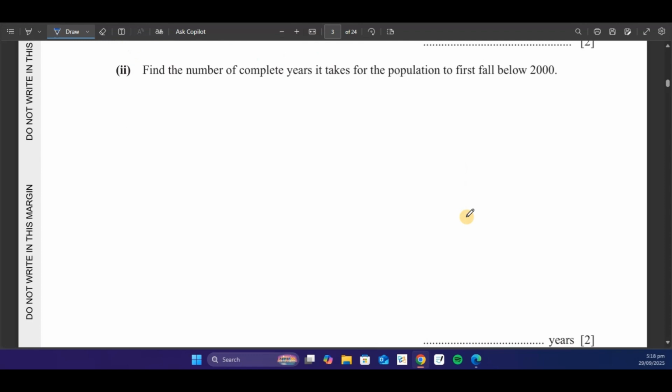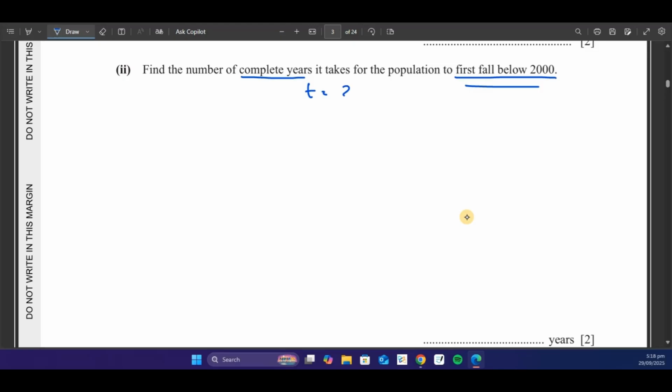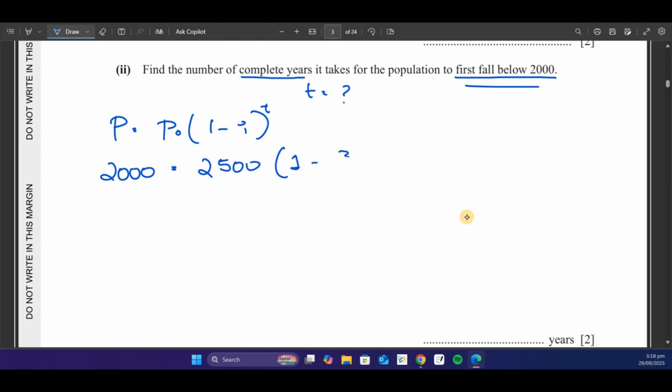Okay, find the number of complete years it takes for the population to first fall below 2000. So we don't know t, we don't know the time. We're going to use the same formula. We're going to say p is equal to p naught times 1 minus the rate, to the power of t, and we know that it's below 2000, and right now it's 2500, and 1 minus 3%, the same rate. We do not know the time.